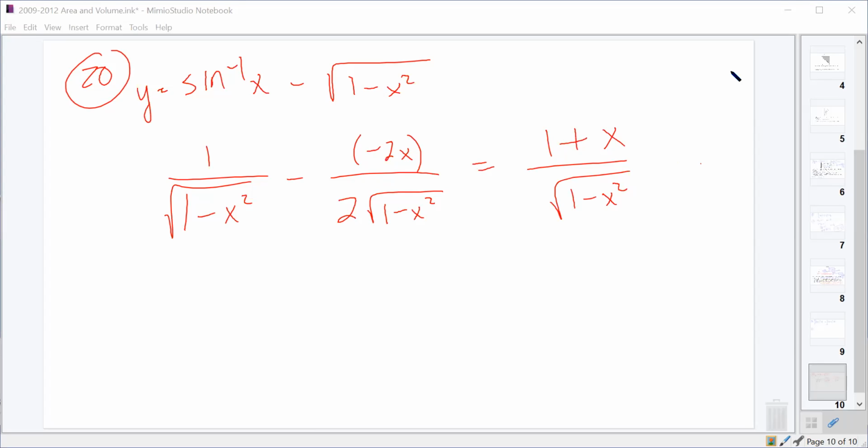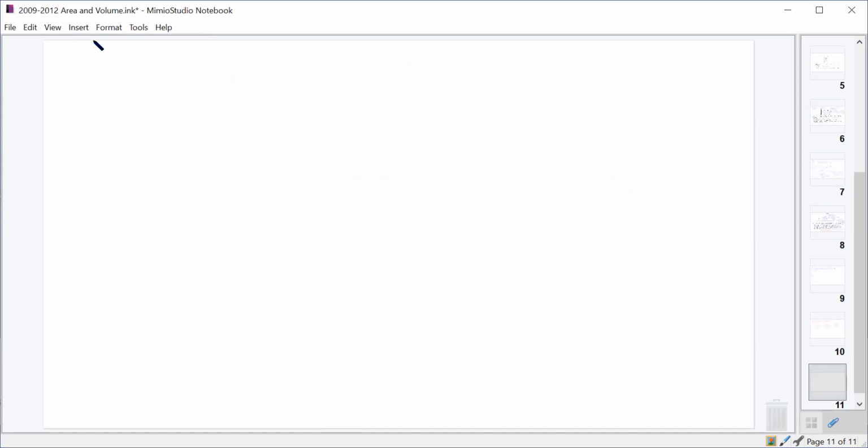Next one, 73. Okay, so 73 wants us to know how many points on the interval from -5 to 5 is the tangent to y equals x plus cosine x.